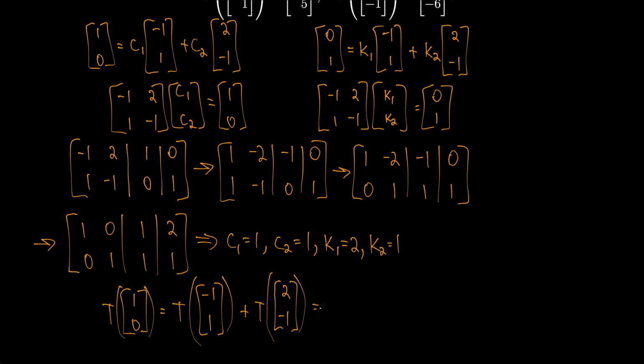So this is just minus 5, 5, plus 7, minus 6. And that's just 2 minus 1. This is why it's so nice to have homogeneity, being able to pull constants in and outside of transformations.